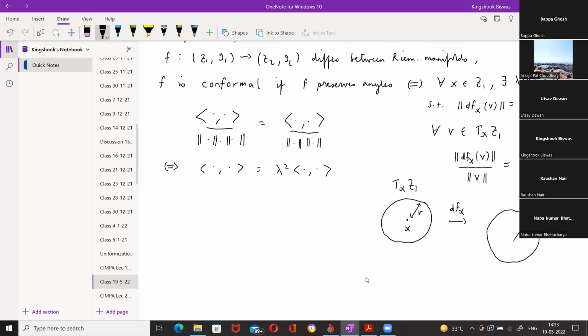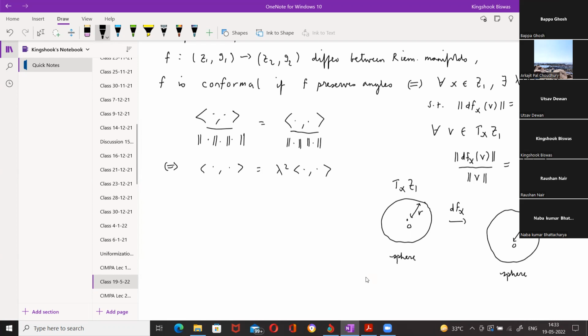Lambda times r, right? Here lambda is lambda of x; I'm not writing the x. So spheres map to spheres. Okay. All right.